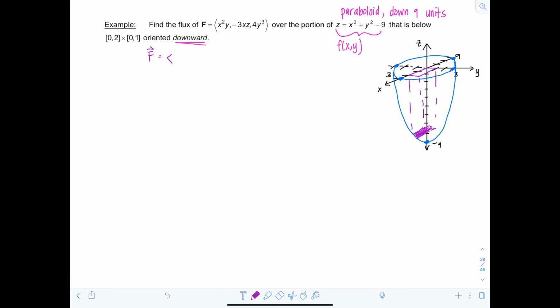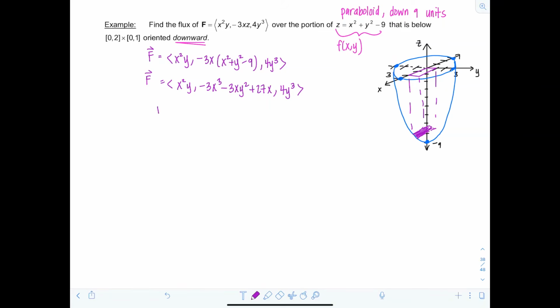So F has components x squared y, negative 3x times x squared plus y squared minus 9, and 4y cubed. So let's clean that up. F is x squared y, negative 3x cubed minus 3xy squared plus 27x, and 4y cubed.